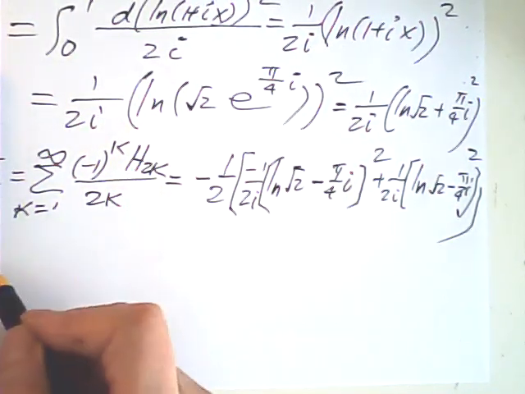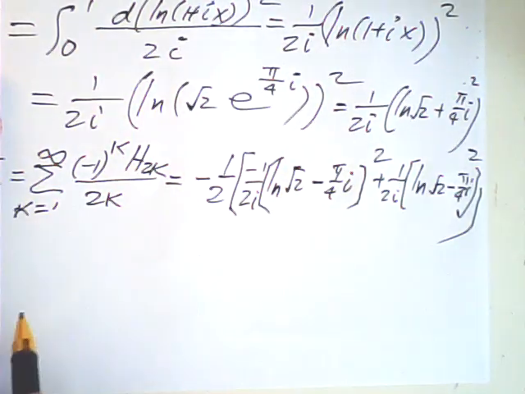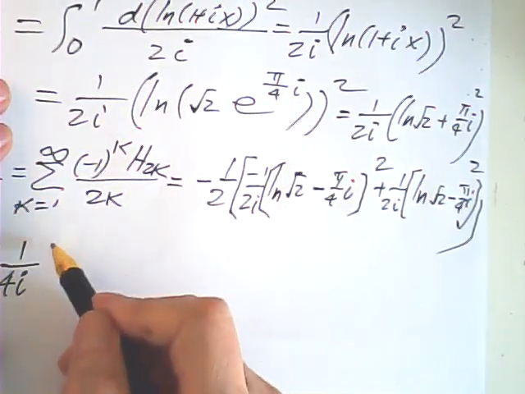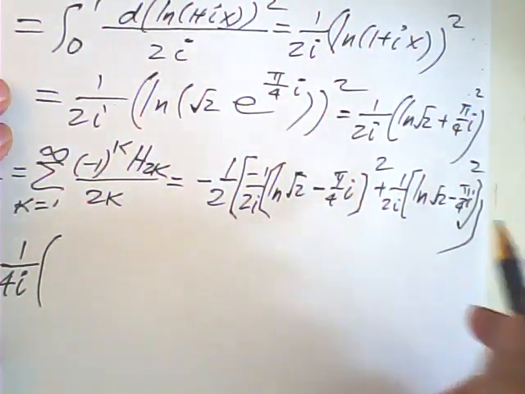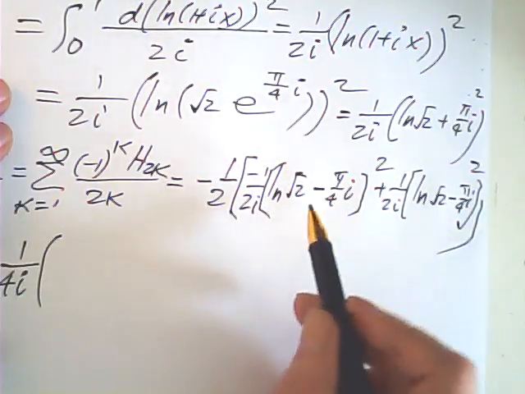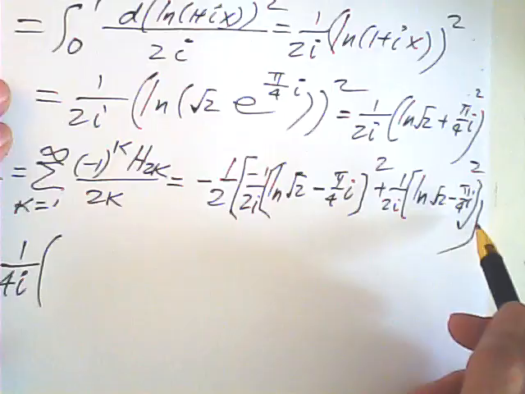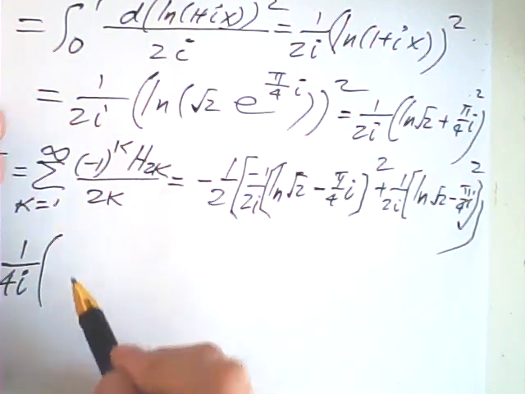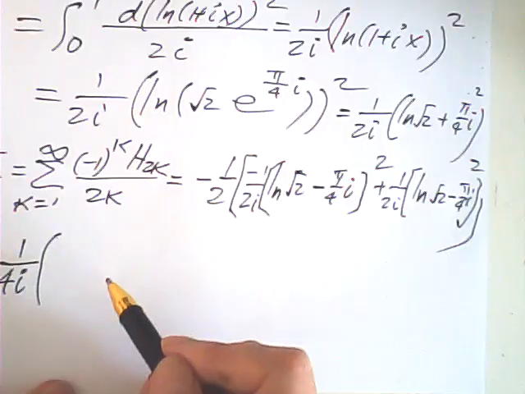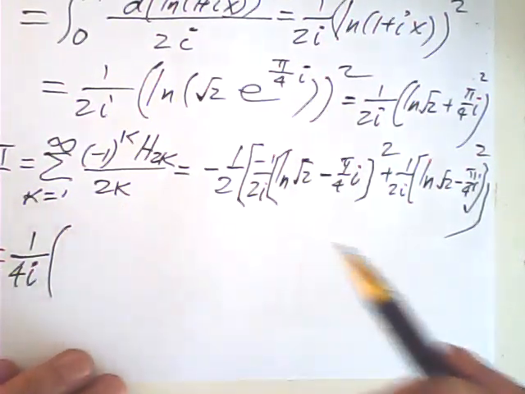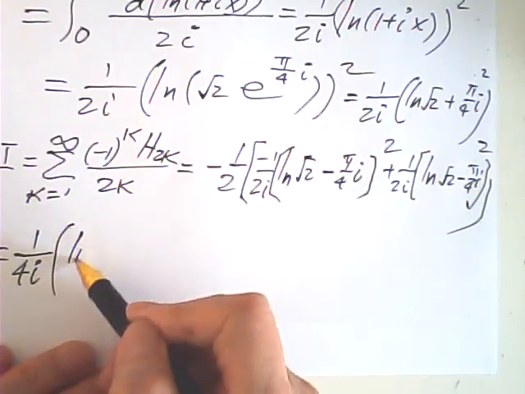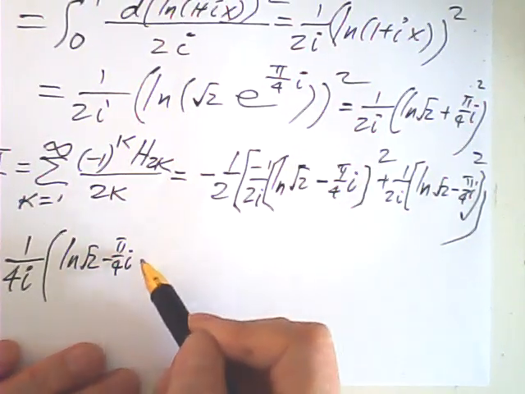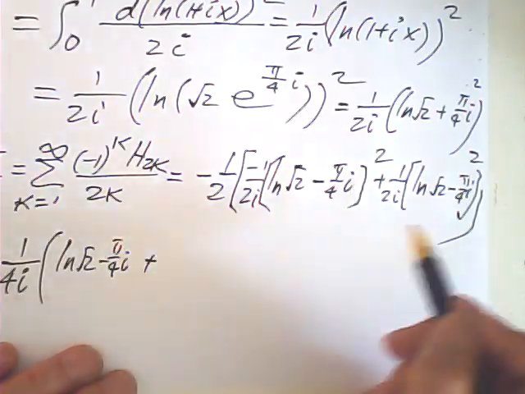Well, this is equal to a quarter of i; I take the negative out. Then this minus this: A squared minus B squared, which is A plus B multiplied by A minus B, where A is log 2 minus quarter pi i.